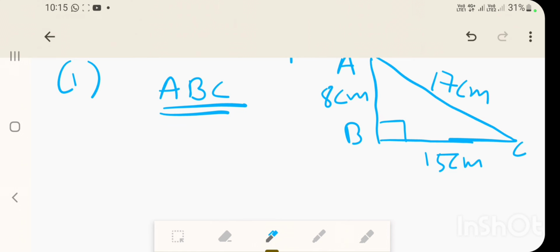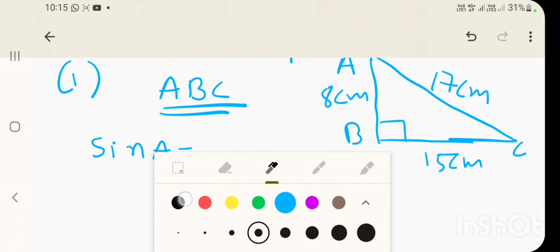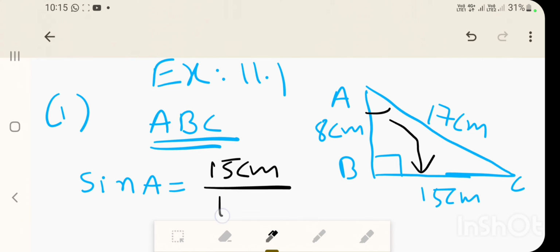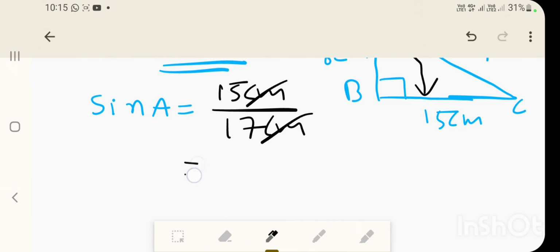What they are asking simply is to find sin A. We take the angle here. Sin A is defined as the length of the opposite side divided by the hypotenuse, that is 15 centimeters divided by 17 centimeters. Centimeters will get cancelled and we get 15 by 17.